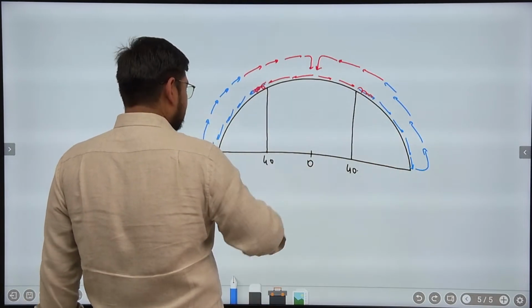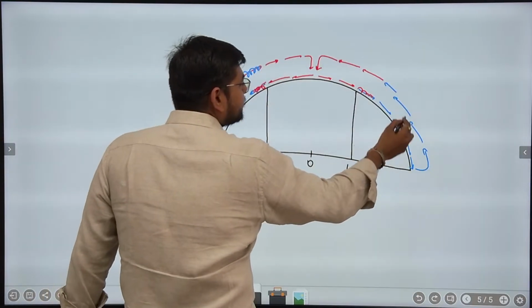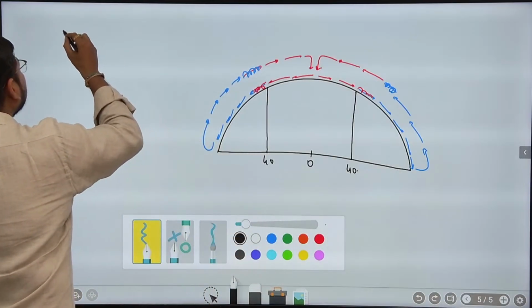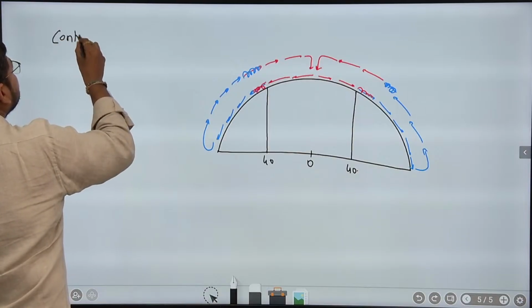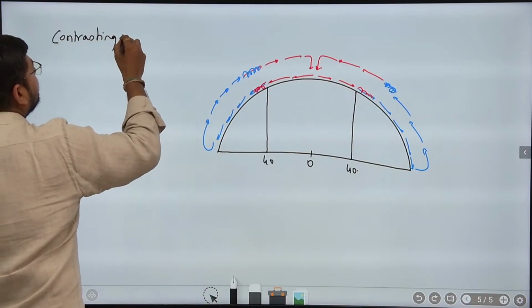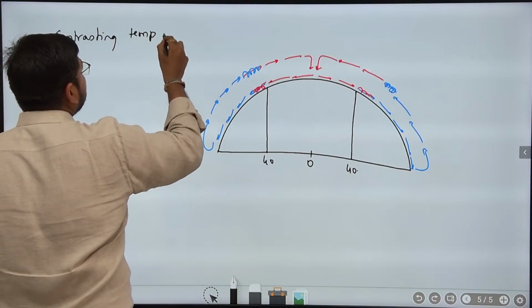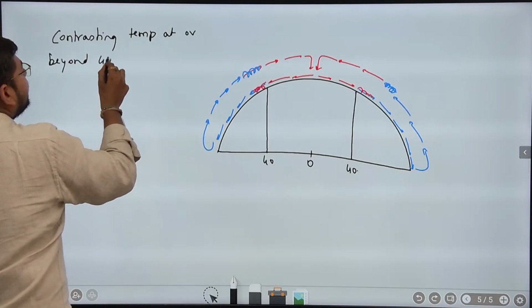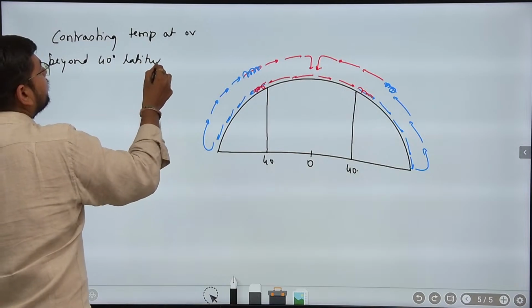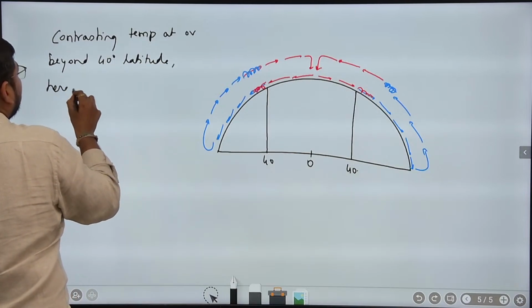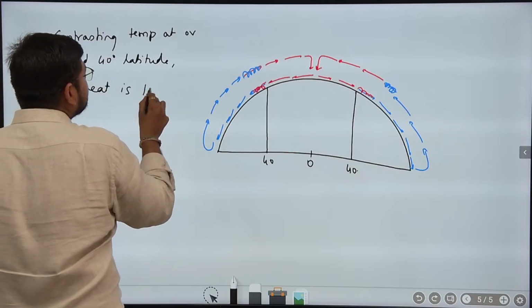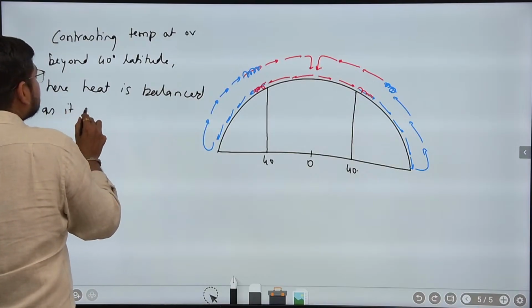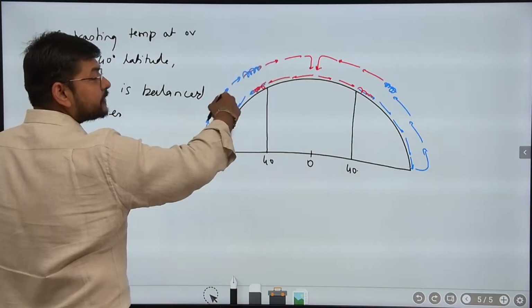So the regions do not have very steep, contrasting temperatures at or beyond 40 degrees of latitude. Here the heat is balanced as it is exchanged. This is the exchange phenomenon which is going on.